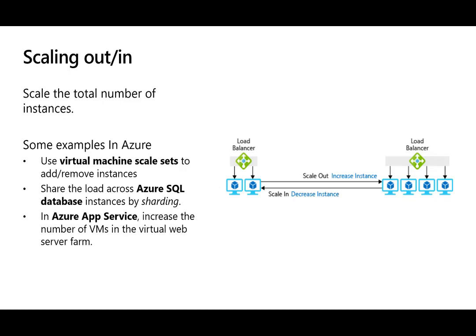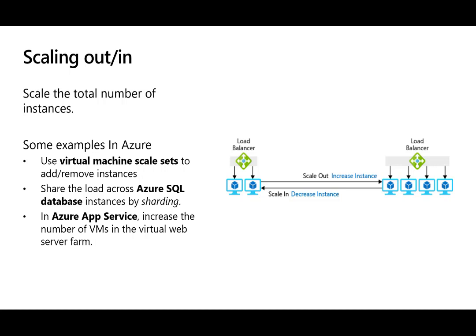The other option, scaling out and in, on the other hand, adjusts the total number of instances. The following illustration shows an example of changing the number of virtual machine instances. Other than that, we have some additional examples of what scaling out or in can mean in the context of Azure resources.